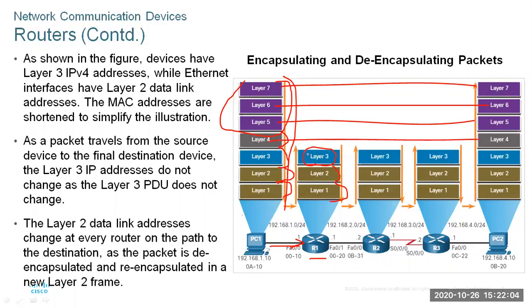All right, but look at it. This one is meant for this. This one is meant for this. This one is meant for this. This one is then meant for this. The same thing for layer 2 and layer 1.